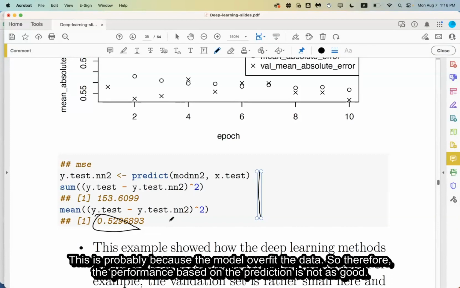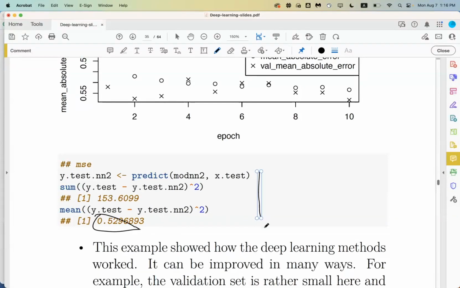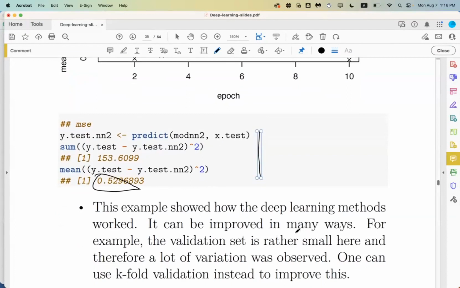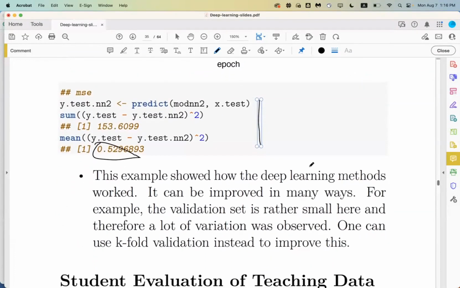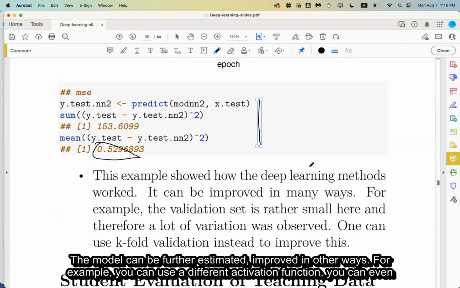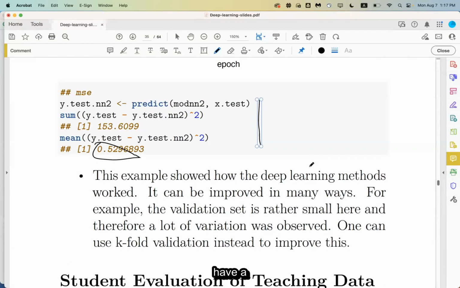This is probably because the model overfits the data, so therefore the performance based on the prediction is not as good. The model can be further improved in other ways. For example, you can use a different activation function. You can even have a more complex model.